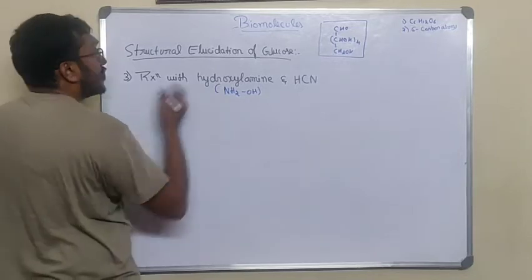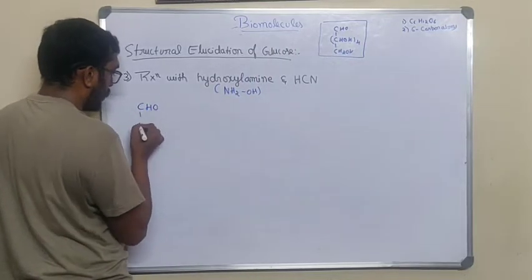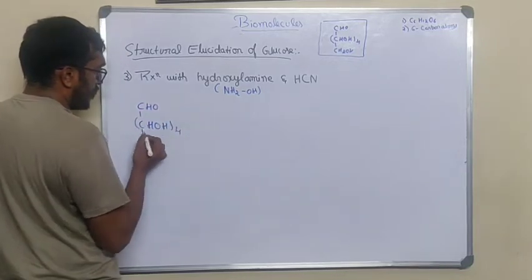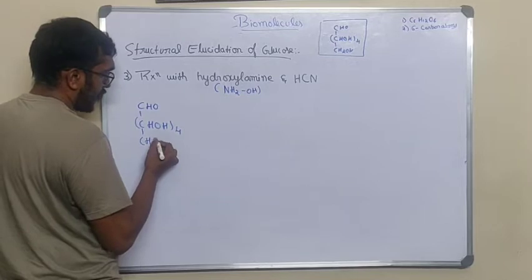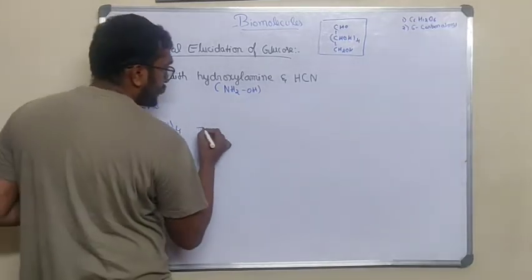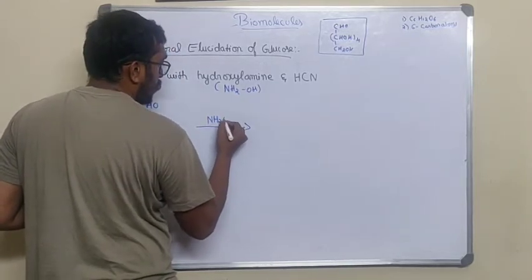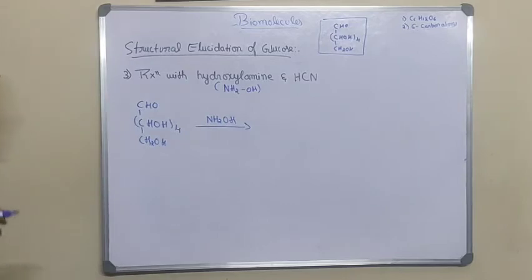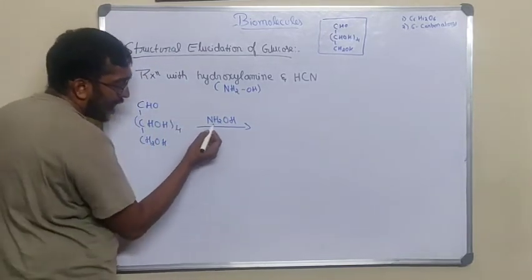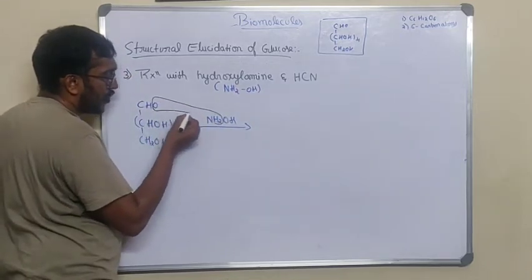Let me write the structure here: CHO, CHOH 4 times, CH2OH, treated with NH2OH. Very simple, dehydration will take place here, losing H2O.